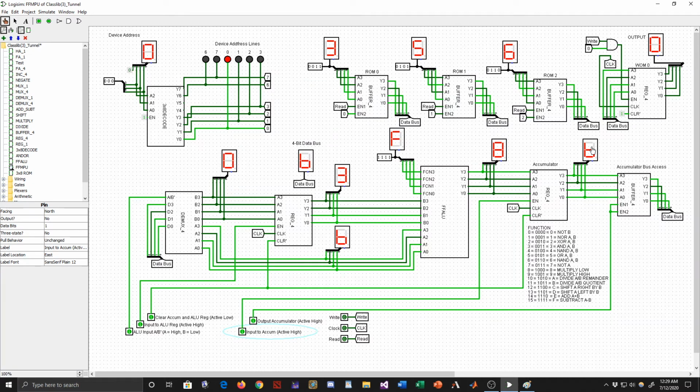So everything that you clock moves at the same time. So this register will observe this 11 long enough to input to the accumulator.